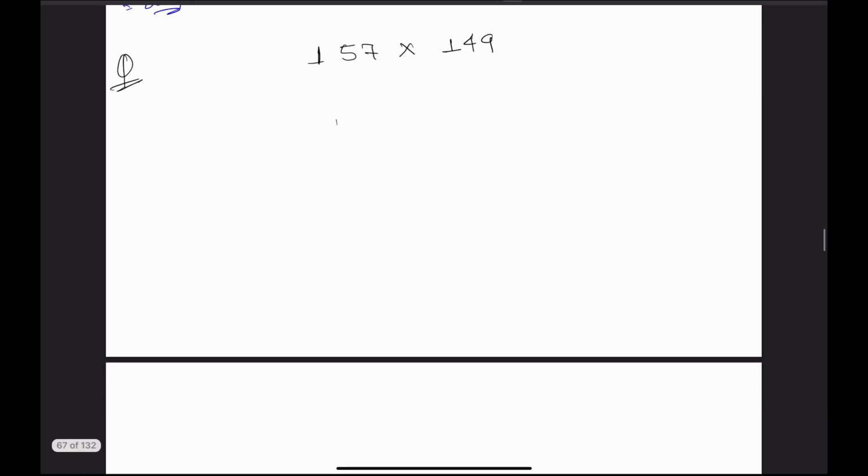hundreds. So let's just take, if the question is 157 into 149. So again same concept we'll use. 157 plus 7, 149 minus 1. Base we are taking 100, but we want 150. So what is happening to bring it near to the 100? Nothing but 2 by 3 multiply with 2 by 3.